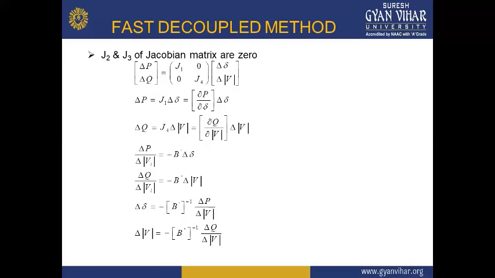Now, from these equations, if I would like to calculate delta delta and delta V, I can calculate it like this. Delta delta is equal to minus B dash inverse into delta P upon V. And delta V is equal to minus B double dash inverse into delta Q upon V, as shown by these two equations.